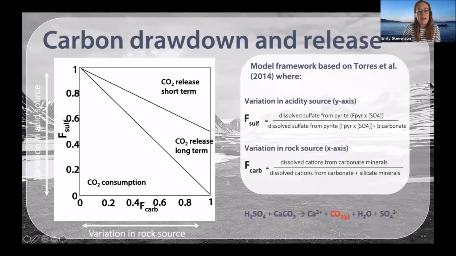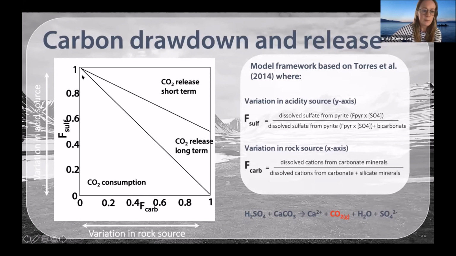So there's a way and a framework that we can interpret this data. It is a bit complicated, but in a very simple sense, this, what looks like a very simple diagram, relates variation in rock source to variation in acidity source. So 1 here means it's all carbonate rocks, and 0 here means it's all silicate rocks.